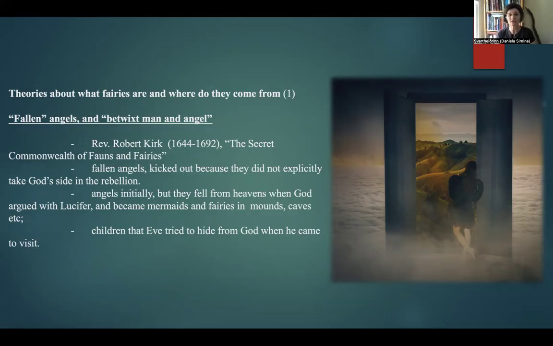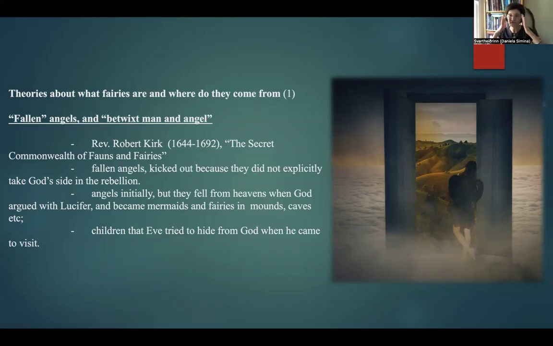This happened because some angels, initially angels, were kicked out because they did not explicitly take God's side in the rebellion. We're talking here about a rebellion that supposedly took place based on biblical interpretation and materials written adjacent to the Bible.